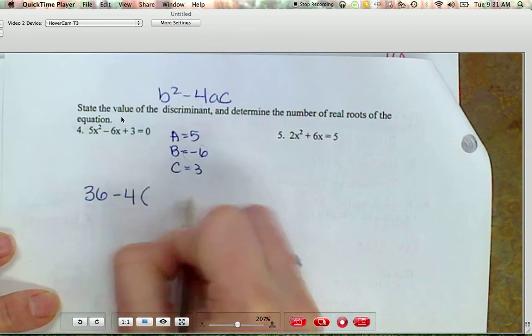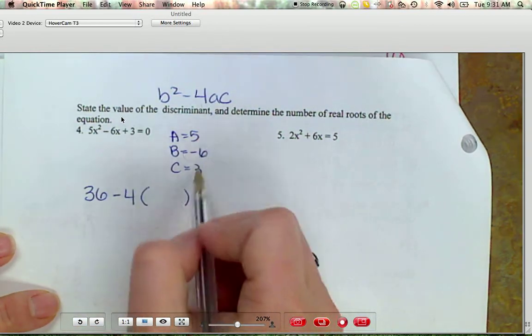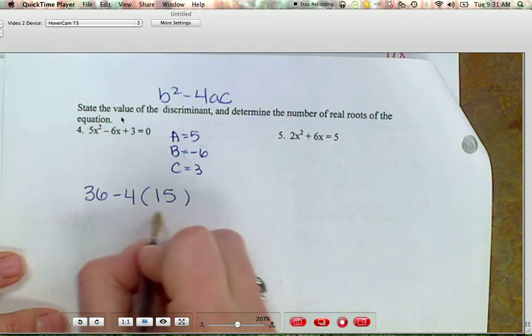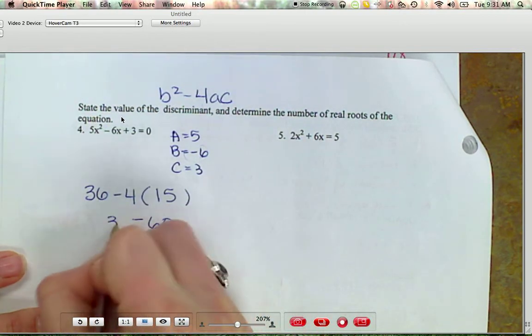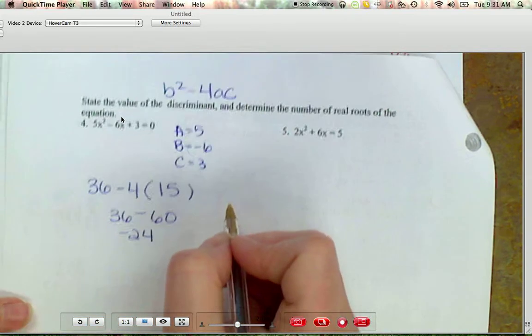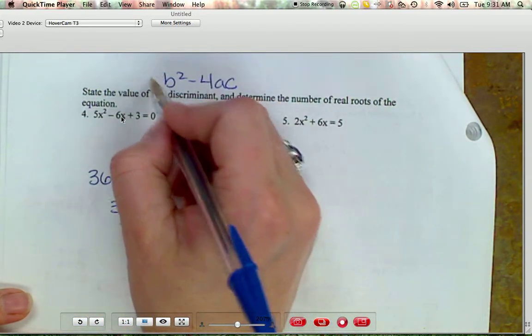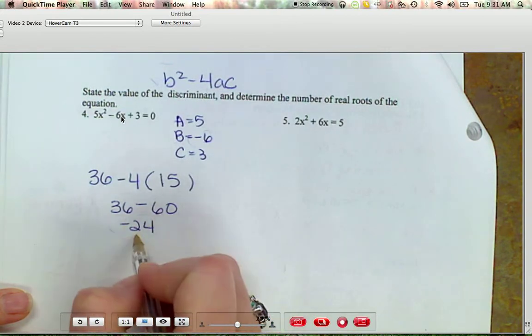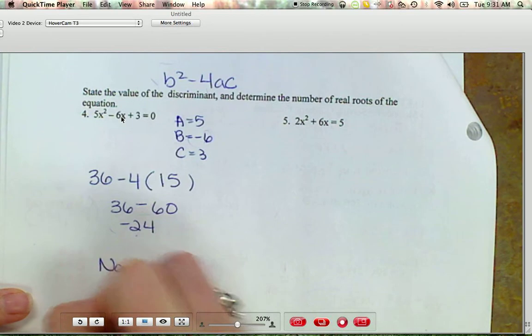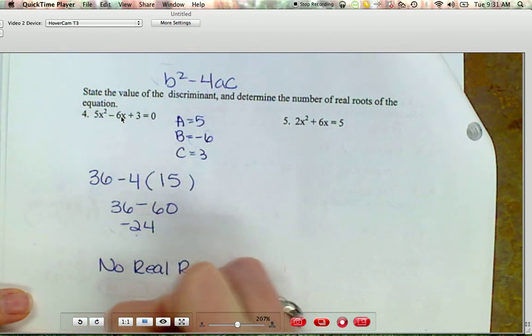Minus 4, and then multiply the a and c together, 5 times 3, which is 15. Order of operations says we multiply here first, so we get negative 60. And 36 minus 60 gives me negative 24. Now remember, we would have then taken the square root of that, which we cannot do, which gives us no solutions, or no real roots.